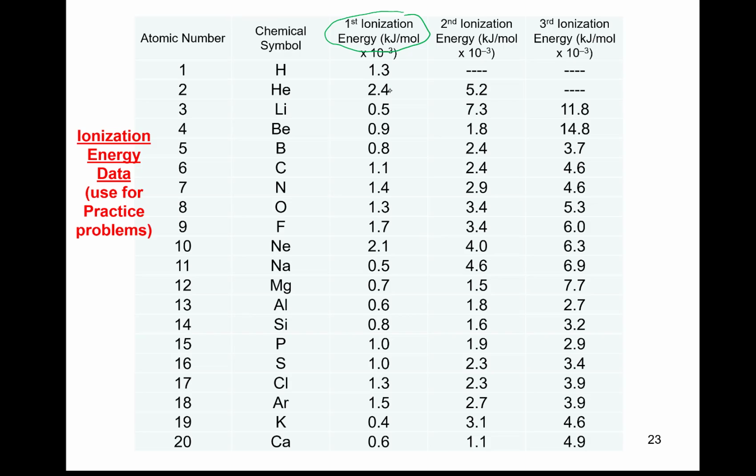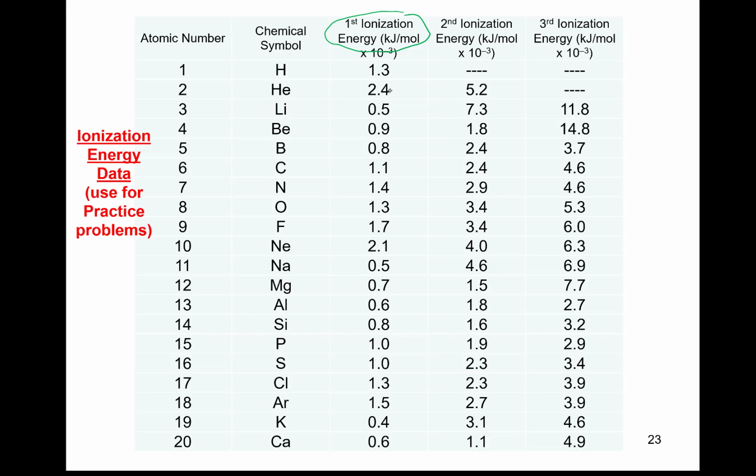If we go to lithium, atomic number 3, notice that the first ionization energy is 0.5. That's a pretty small number because remember, lithium wants to get rid of that one valence electron so it can have the electron configuration of helium.